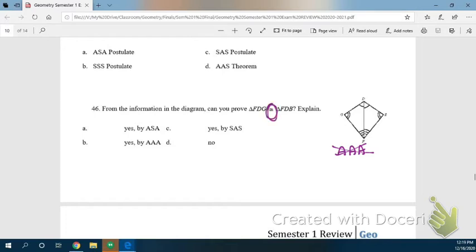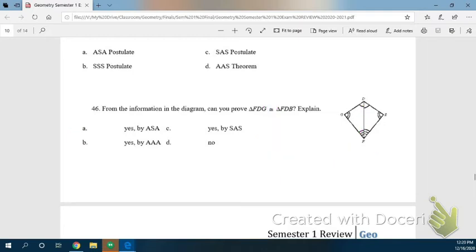For congruence, your options are side, side, side, side, angle, side, angle, side, angle, angle, side, and HL. So if those are your options, look at what we have here. I have all the angles, but then I also have this side. This is the reflexive side. So I am able to say angle, side, angle. So A is correct.